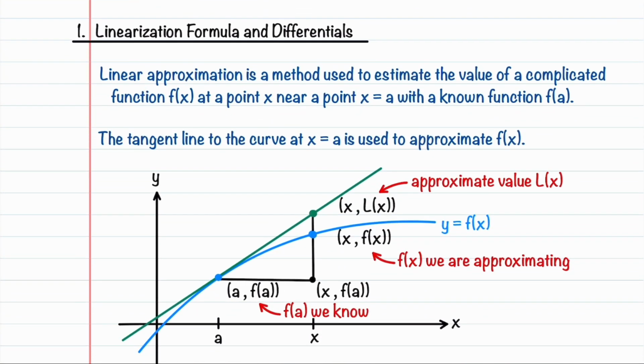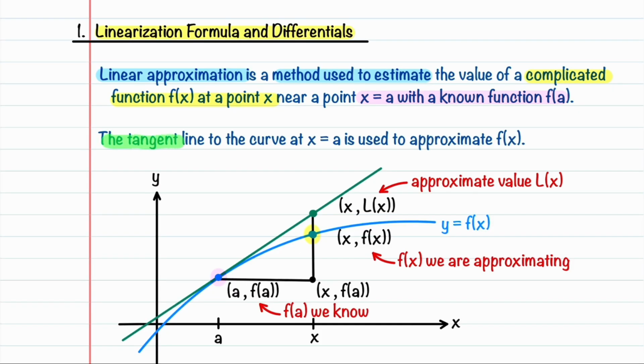Let's look at the linearization and differentials formulas and see how they're used to approximate a function near a point. Linear approximation is a method used to estimate the value of a complicated function f of x at a point x, that's this point right down here, near a point x equals a with a known function f of a, that's this point right here.